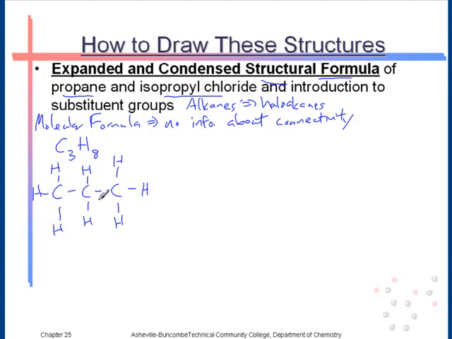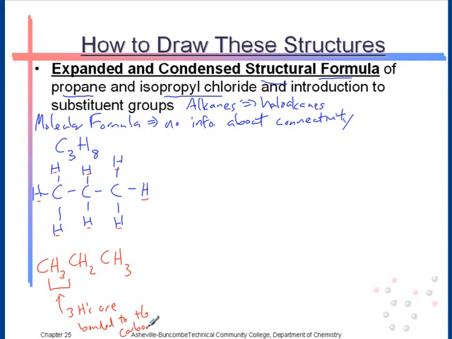Now, a more convenient way is the condensed structural formula. And what we do there is we take whatever is attached to each carbon atom and we condense it. And the form this will take on is CH3, CH2, CH3. Whatever is on the right-hand side of that carbon atom tells us that 3 hydrogens are bonded to that particular carbon.